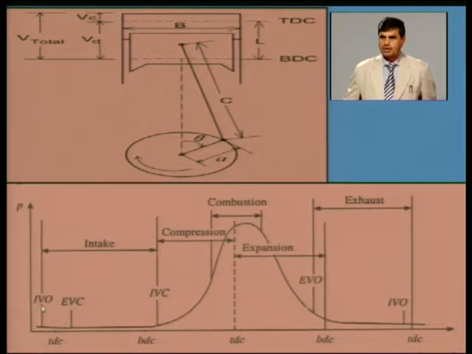The exhaust valve has not been closed yet. Here we have closed the exhaust valve, and then actual suction has started. From the closing of the exhaust valve, the piston is going down and fresh mixture is coming into the cylinder. Here the inlet valve has been closed.